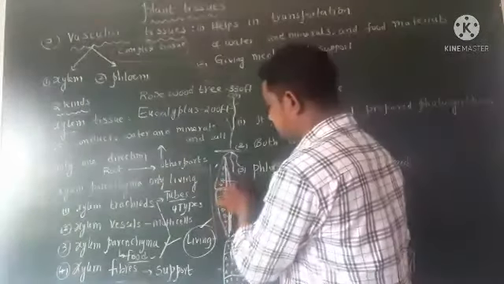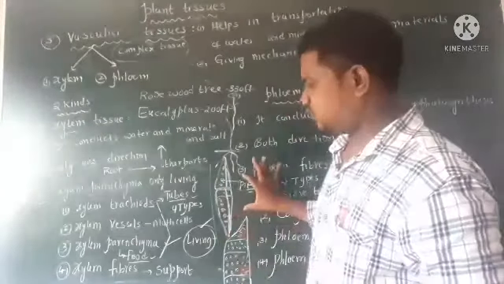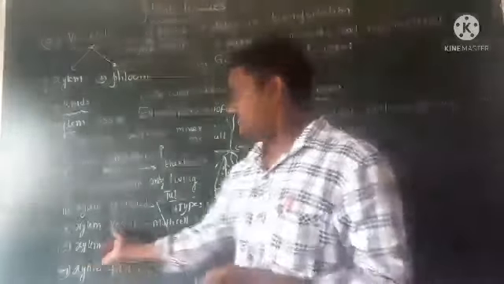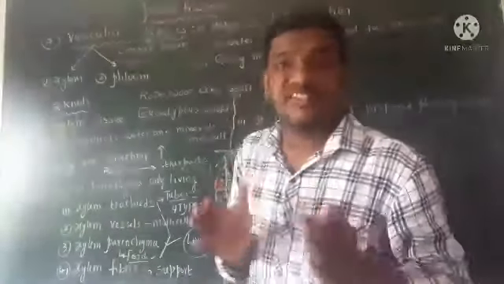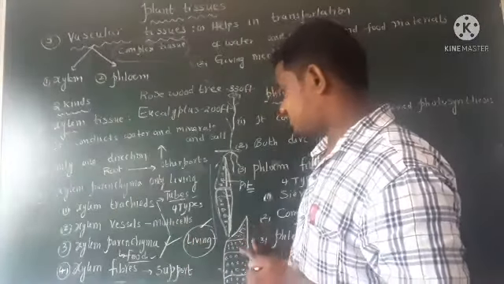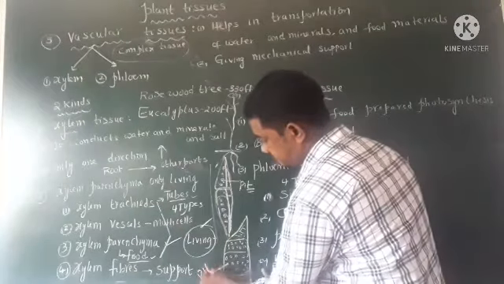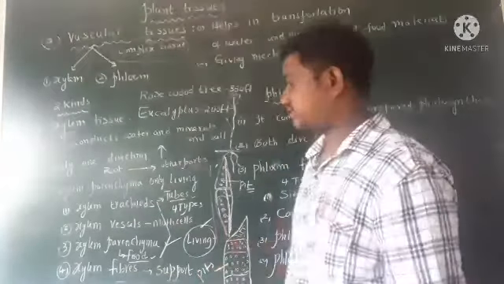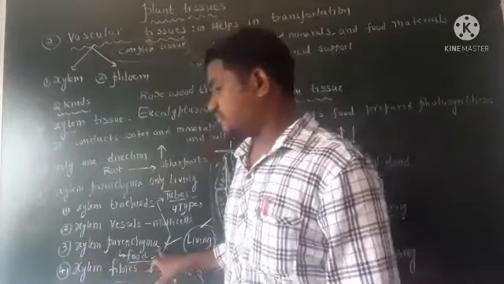It contains pits. Second cell name is xylem vessels. These are multicellular. See, this is a xylem vessel. These are the pits.